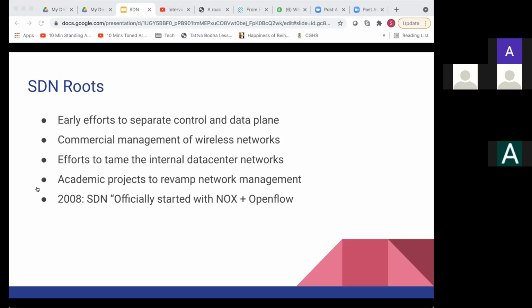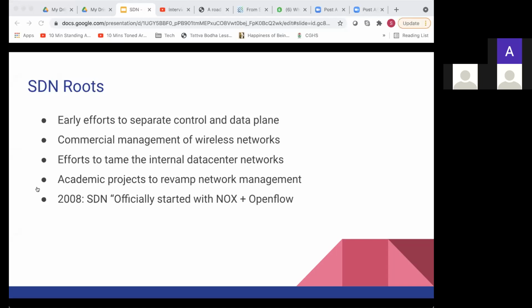The beginning of the SDN started with trying to figure out if we can separate the control plane and the data plane, right? And there was this project called Epsilon. It's a well-known project. Again, Google search it, you will know more about it.